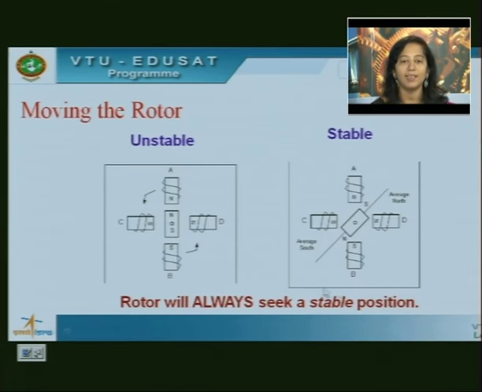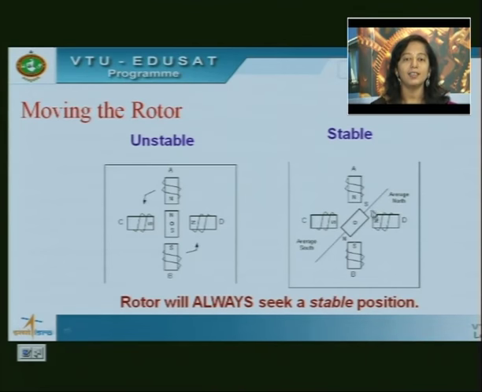As you can see in the second figure, the south pole has come exactly to the center of these 2 north poles of the electromagnets in the stator, and the north pole has come to a position in the center of the 2 south poles of the electromagnets C and B. So now A, B, C, D all have the windings or coils energized in such a way that the north poles are created at A and D and south poles at C and B. Then the stable condition of the rotor will be something like this.